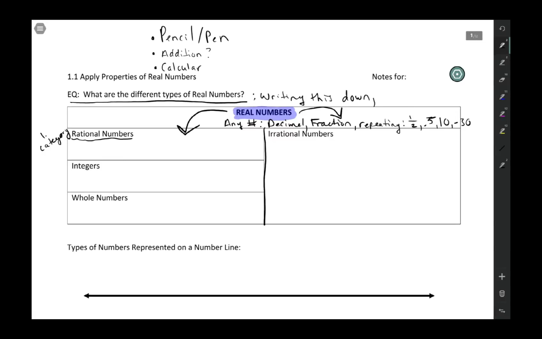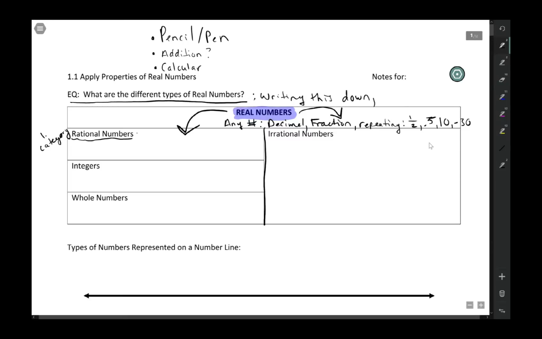Now, rational numbers simply means they can be expressed as a fraction. Can be a fraction. So that means we have numbers like 1/2.